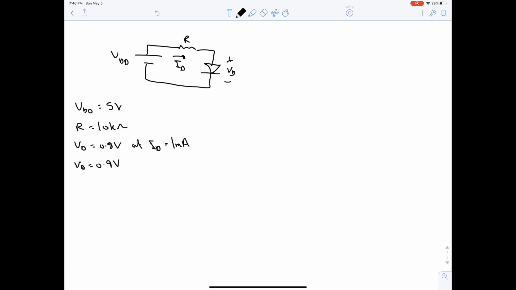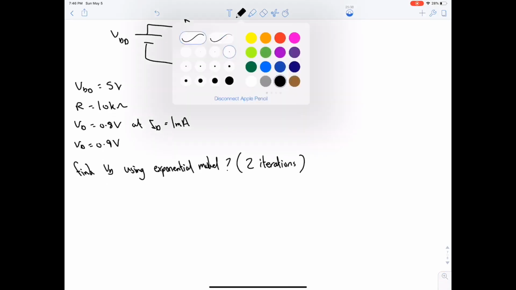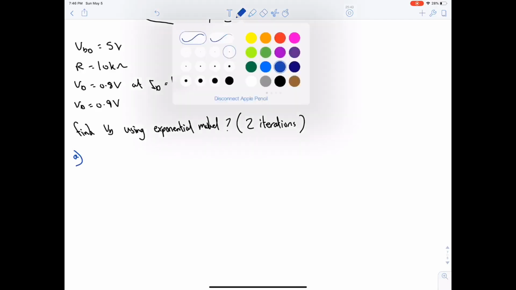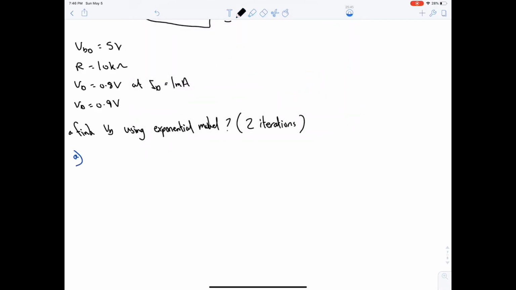The question says find VD using exponential model, and 2 iterations are required. This is part A, and for part B, find VD using constant voltage drop model.